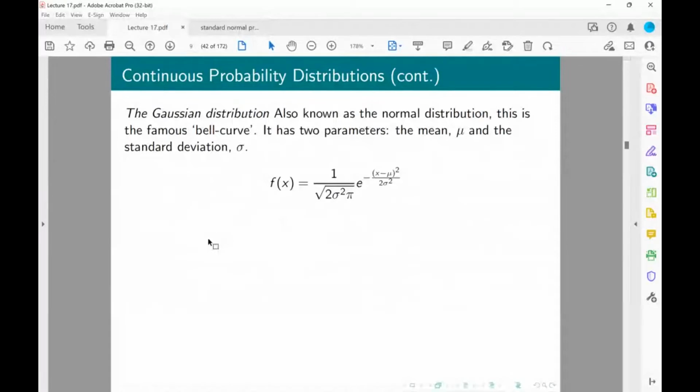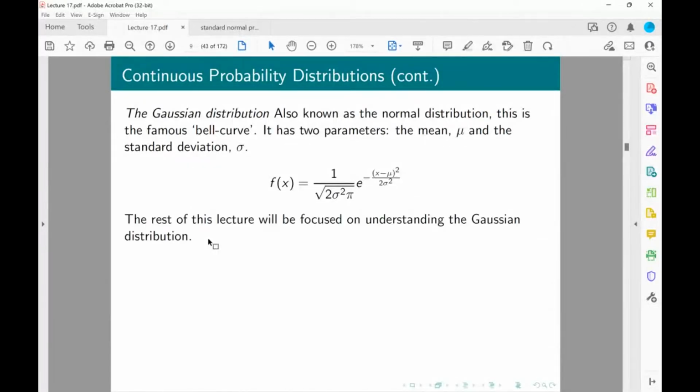Again, you don't need to know what this looks like. The key thing is it's used quite often, so we use a lot of approximations and bounds based on this. So the rest of the lecture is really just going to focus on dealing with this distribution, not the function, but just the distribution based on it.